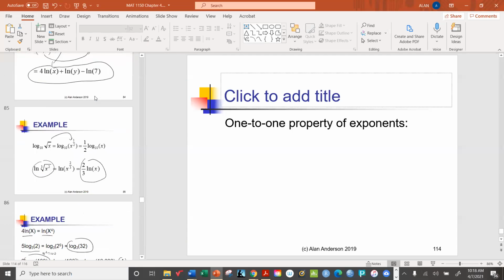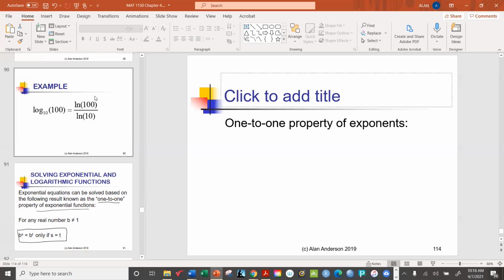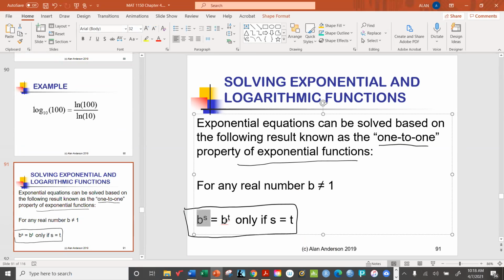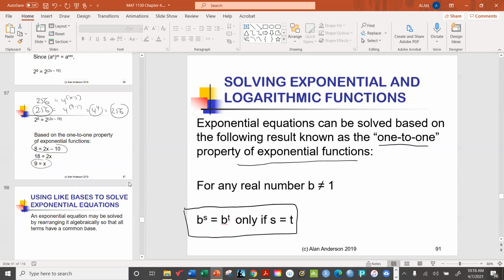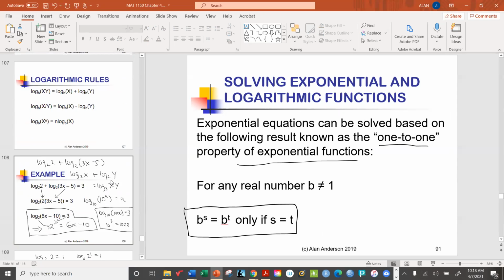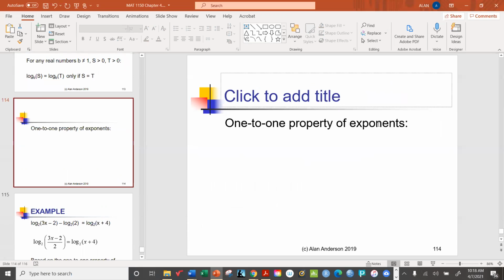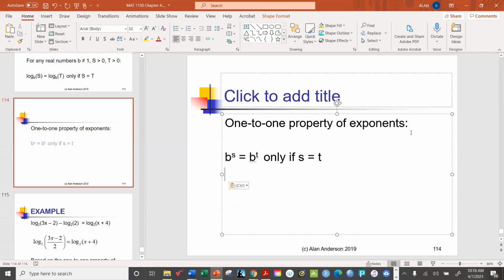Okay, that's for exponents. There's an equivalent version for logarithms.